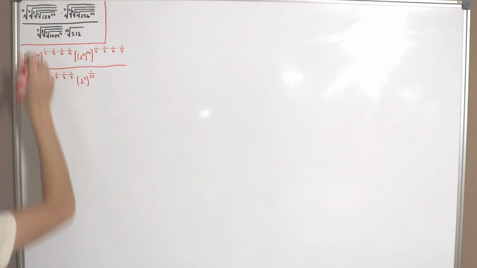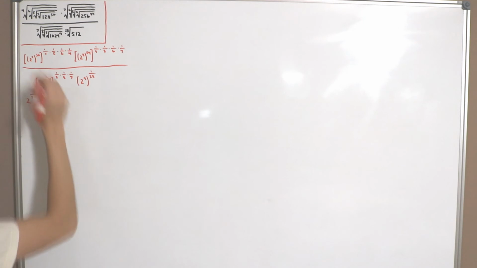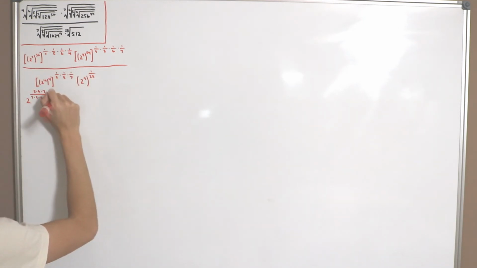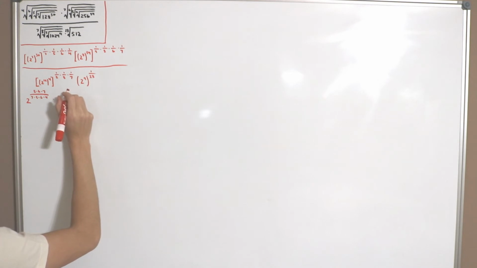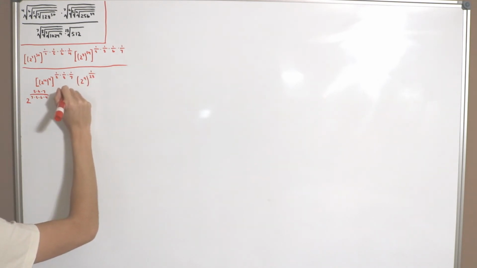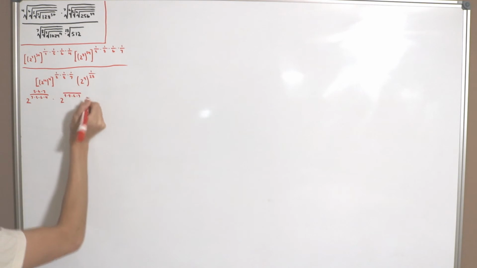And then the numerator, I have 5 times 6 times 7, because 30 can be rewritten as 5 times 6. Over here, it's 2 to the power 9 times 8 times 6 times 7. That's just for the denominator.